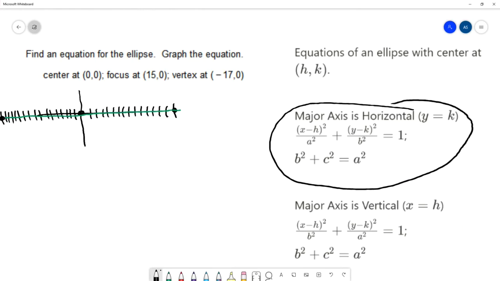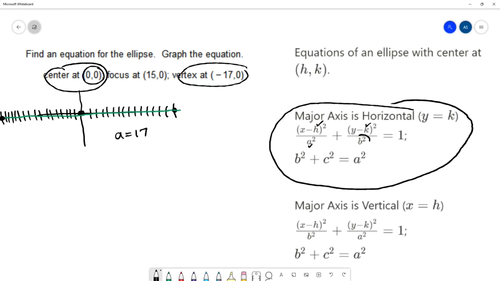So in order to find that equation, I need to find the center (h, k), which was already given to me. I need to find a. a is the distance between the center and the vertex. So I have the center and I have the vertex, so I already know that a is 17.